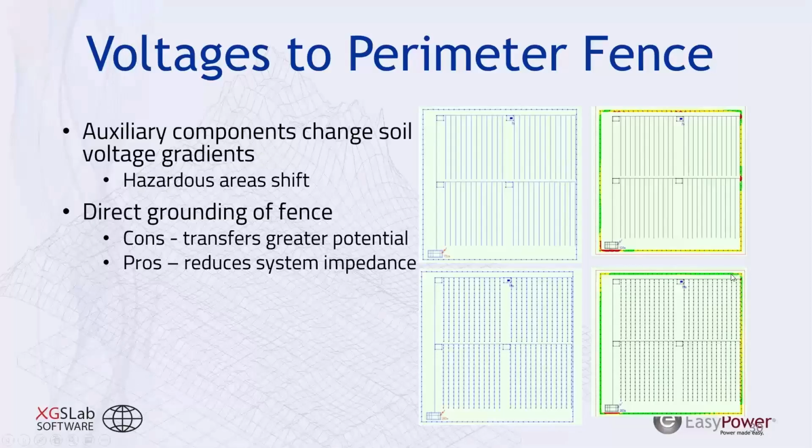And in fact, we see non-compliance in this corner when previously that looked like it was compliant. So you need to account for what these auxiliary components are going to do as far as how that's going to conduct voltage in the soil and around that perimeter fence.